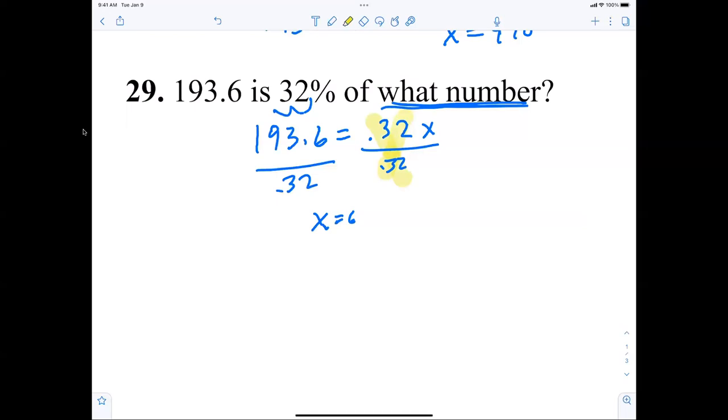So you know what's 193.6 divided by 0.32. Do it. Is that right? Yeah. Thank you. I'm sorry, Mr. Greep. $605. Thank you. You good on that? Sorry about that. Mr. Greep, you good? Yeah. All right, here we go.